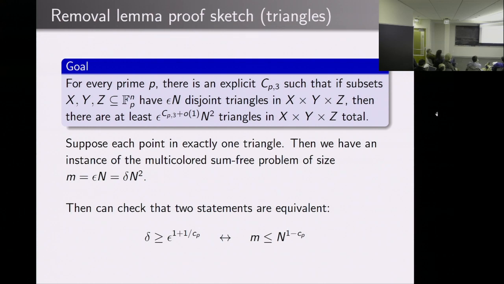And so what this gives is that m over n squared is at least m over n to the 1 plus 1 over Cp.